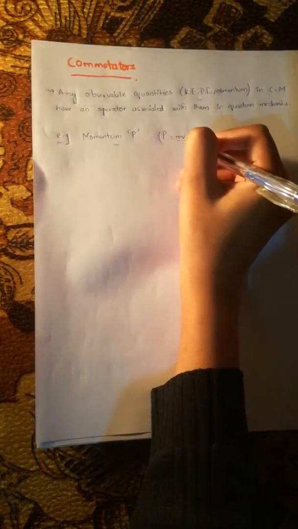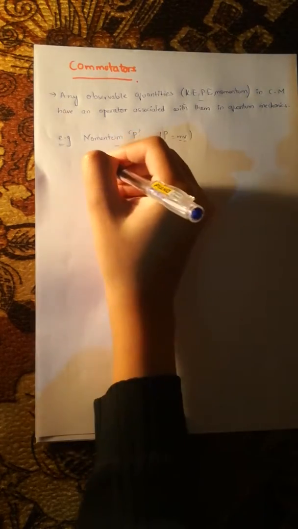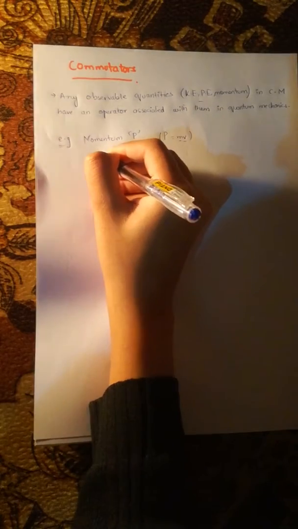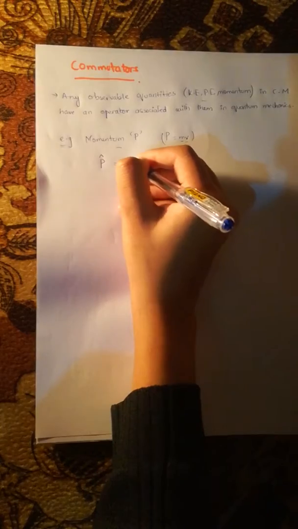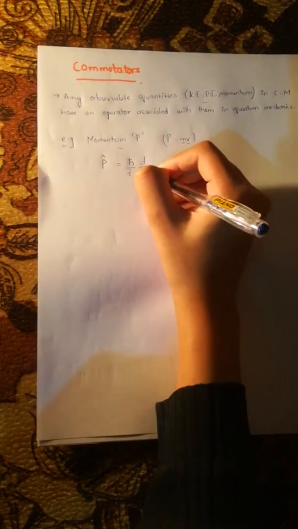If we know mass and velocity, we can find momentum. But when we talk about momentum in quantum mechanics, then momentum p has an operator, and it equals h cut eta d over dx.